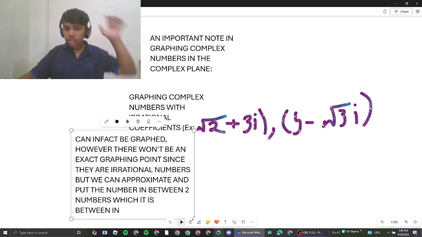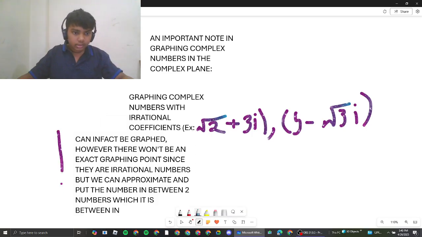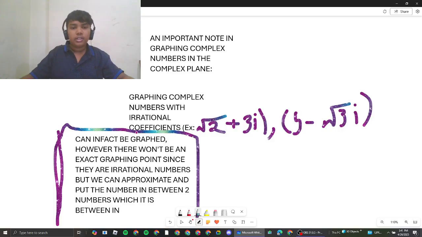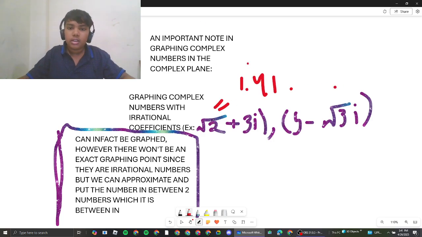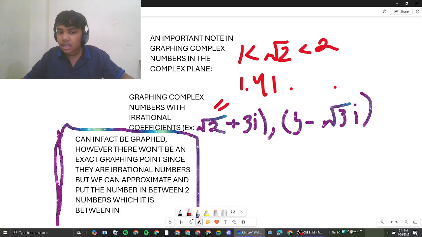For example, if you have to graph this, important: the square root of 2 is around 1.414. So this has to be in between 1 and 2, but there won't be an exact graphing destination.